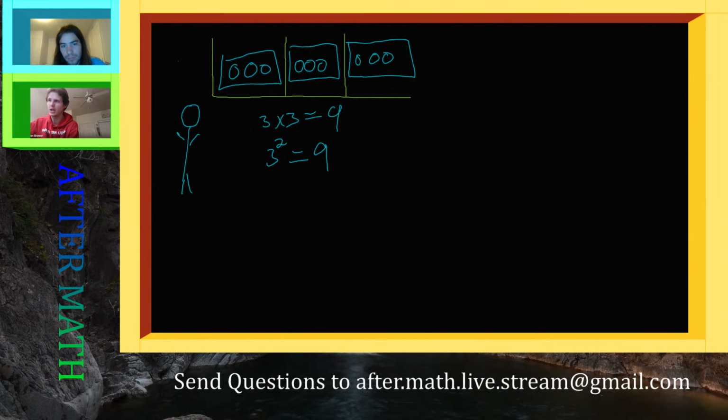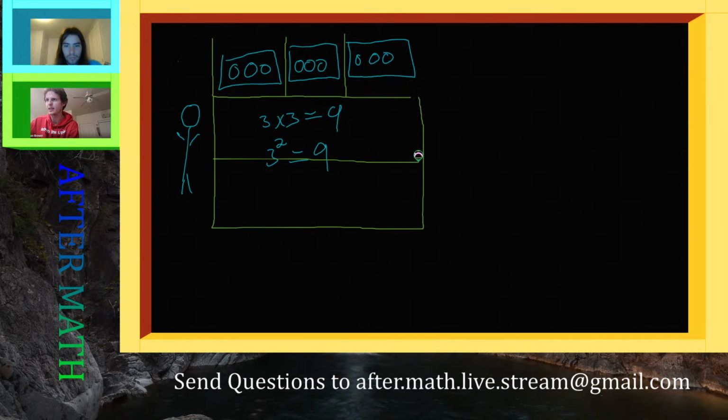And what I mean by extend it is we'd have to draw this 3 more times to get 3 to the third, right? So to extend the table, have it like this.